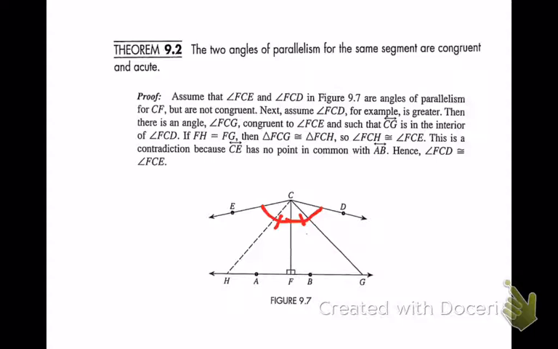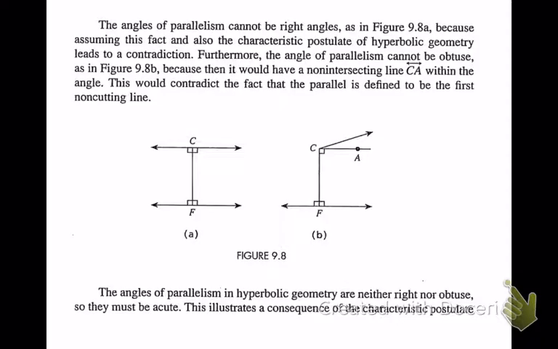With the angles of parallelism, they cannot be right angles, as shown in Figure A, because assuming this fact and also the characteristic postulate of hyperbolic geometry leads to a contradiction.